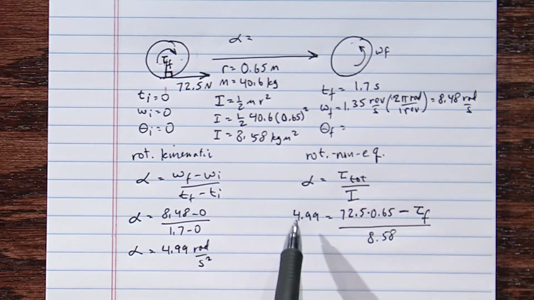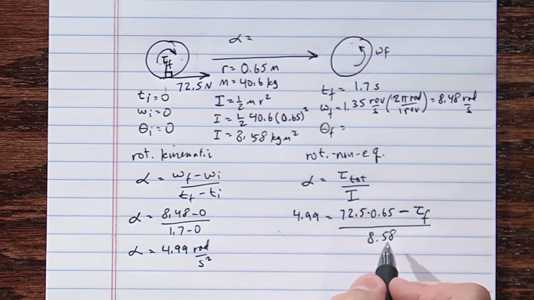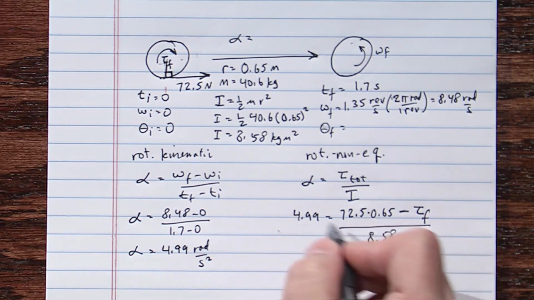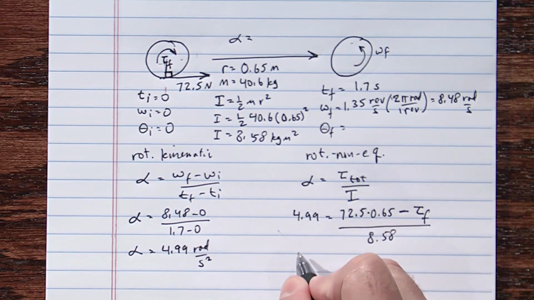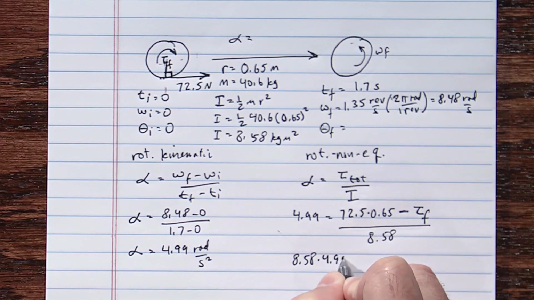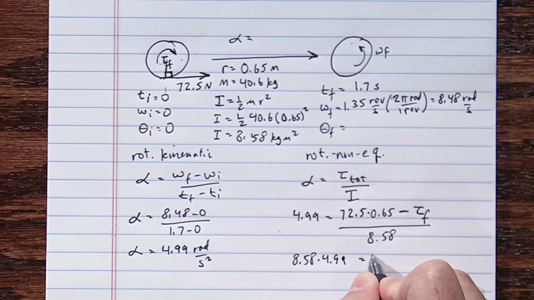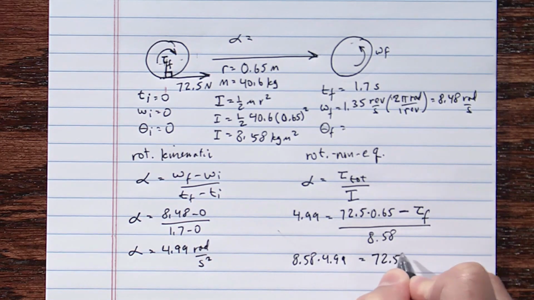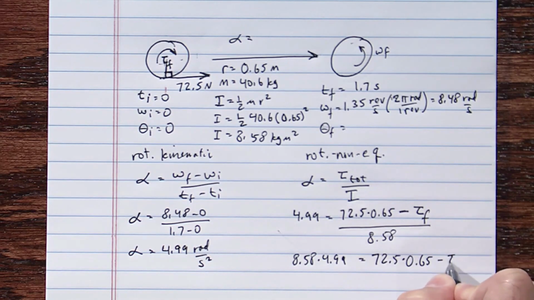So 8.58. And we have an equation here where the only thing in it is the frictional torque. We solve for frictional torque. We'll multiply both sides by 8.58. 8.58 times 4.99 is equal to 72.5 times 0.65 minus the frictional torque.